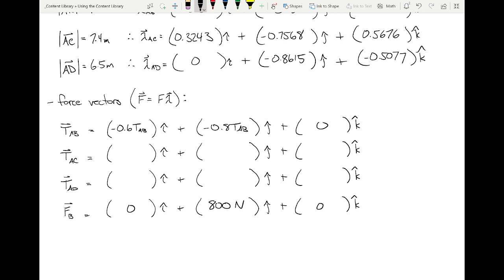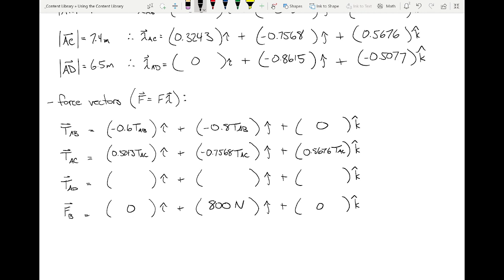And so inside those components, I'm going to stick those indices times the magnitude. So this one was 0.3243 times the magnitude. Negative 0.7568 magnitude. 0.5676 magnitude.